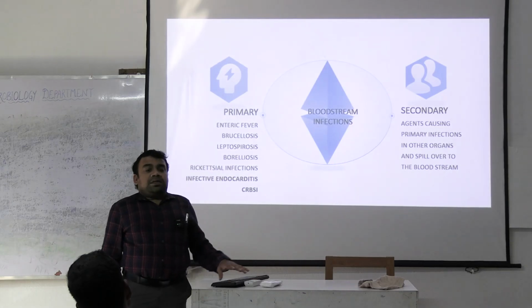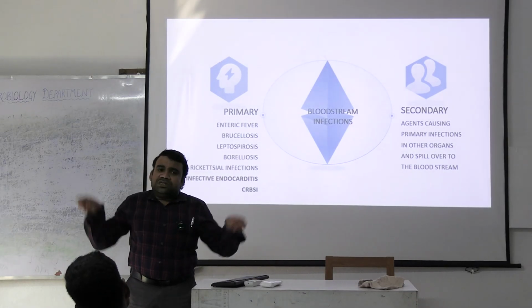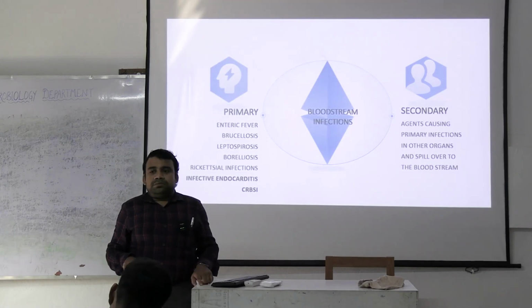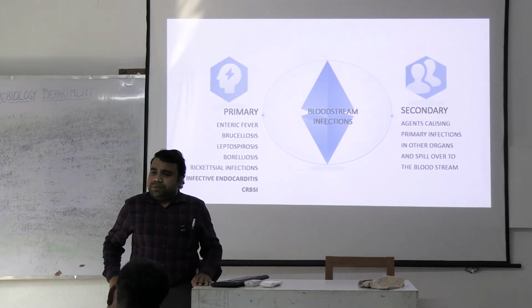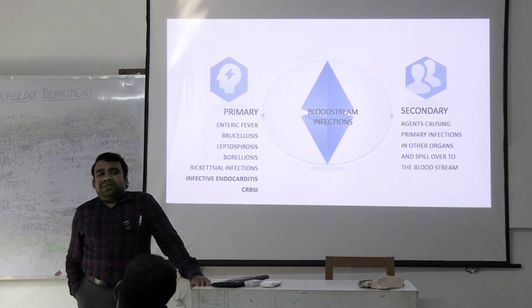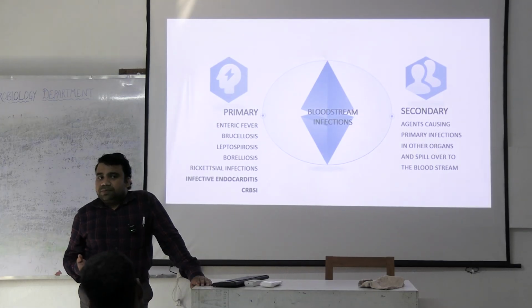Primary means there are some infections in which the pathogenesis revolves around spreading through blood. That is called primary bacteremia. Secondary means the pathogenesis is elsewhere, but it spills into the blood. That is called secondary bacteremia.